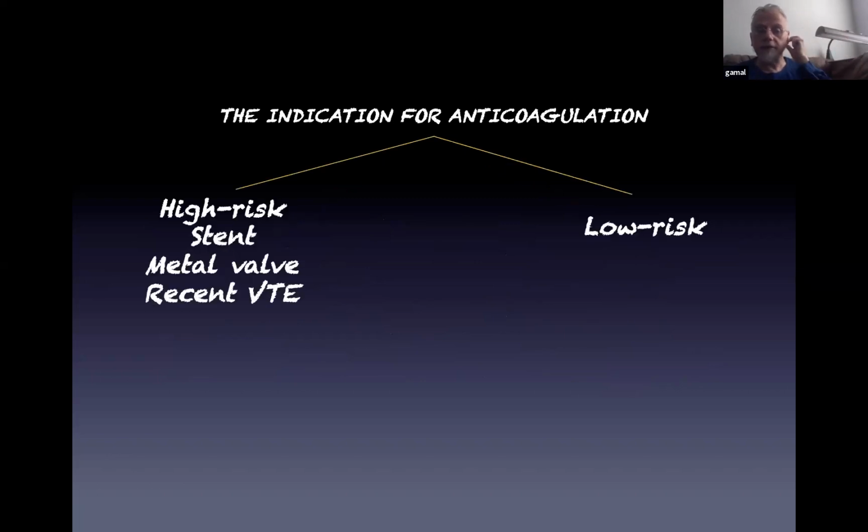The indication for anticoagulation could be high risk, like stent, metal valve, recent PE or proximal DVT. Or it could be low risk, maybe AFib without any other risk factors, or really old DVT of the lower extremities, different story. Do I need bridging if I stop the anticoagulation? I'll definitely need it in the high risk indication as opposed to the low risk.